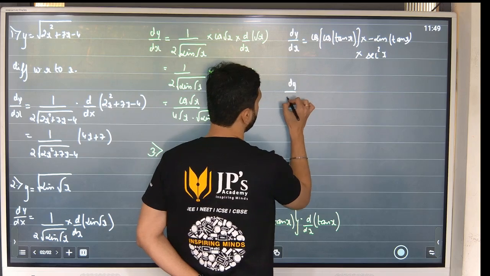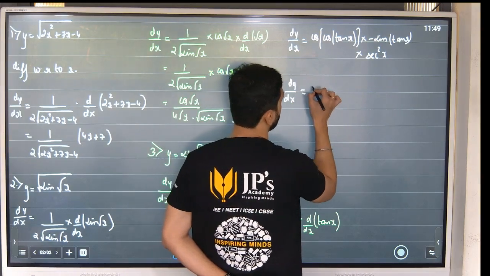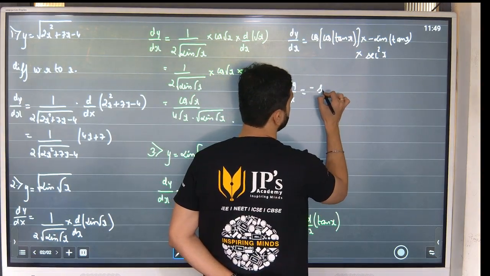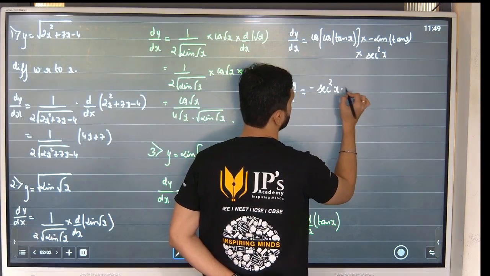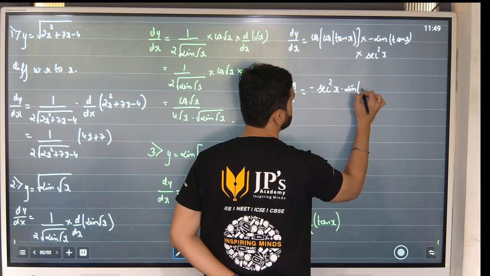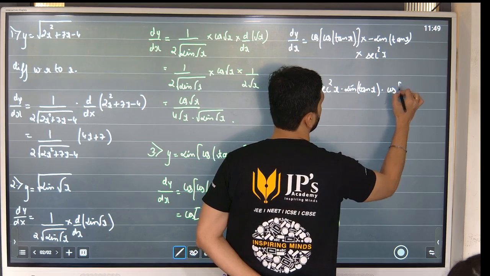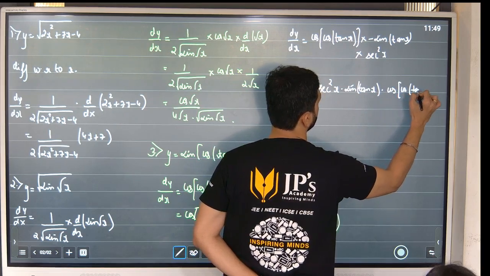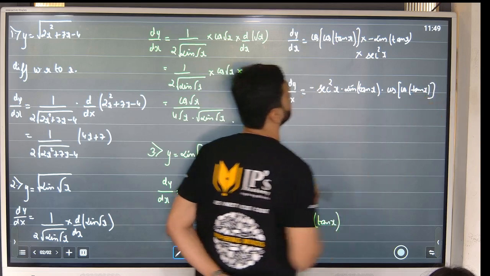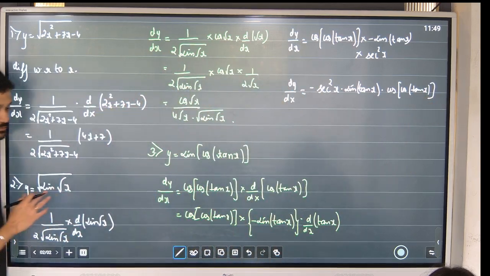Therefore, my final answer would be minus sec square x into sine of tan x into cos of tan x. Have you guys understood this?